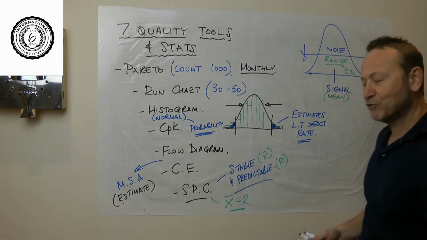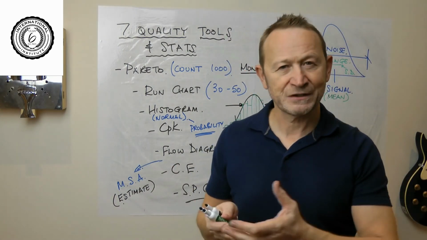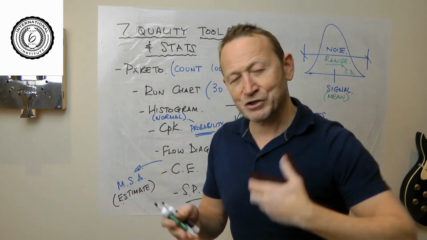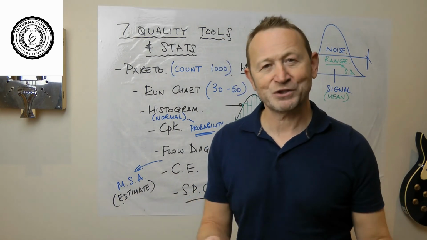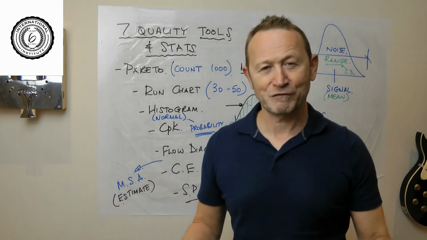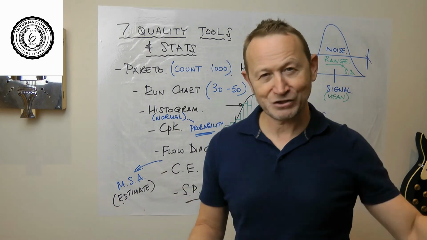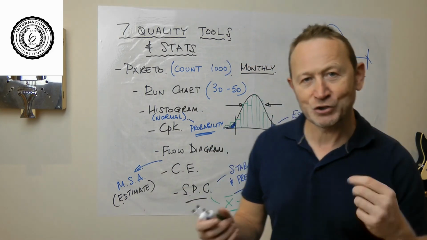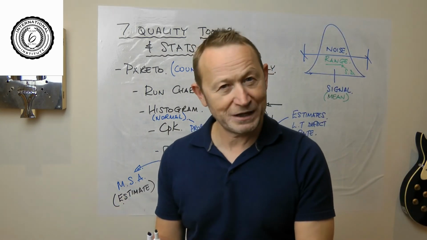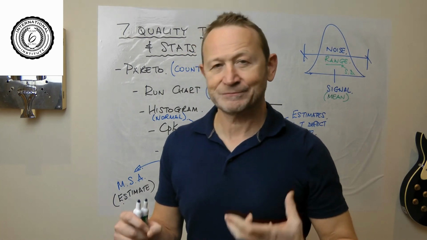Stable and predictable. Now again, I'm standing on statistics. Am I really understanding every statistical calculation? No, the computer is doing the work for me. But I know how these things work, and that's how I use the statistics. Not that I can sit down with a calculator and a pen and do the calcs manually.